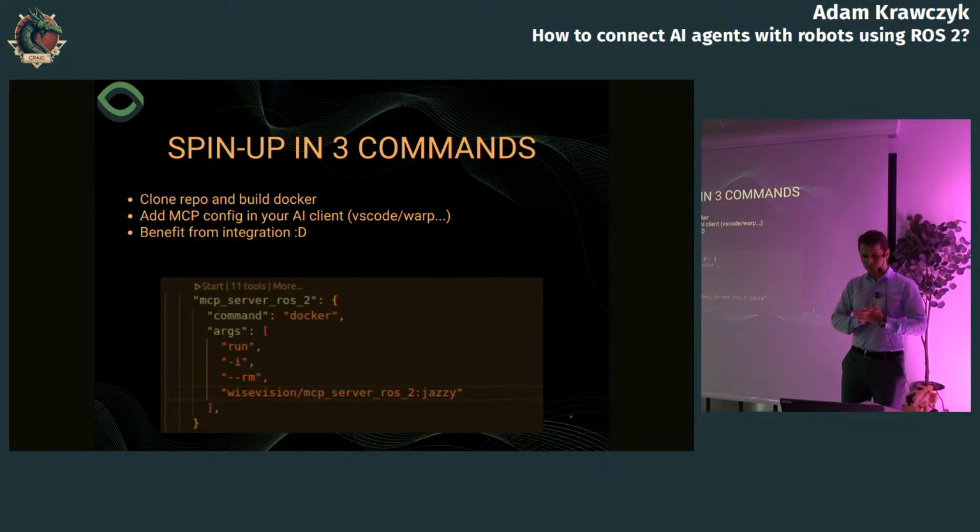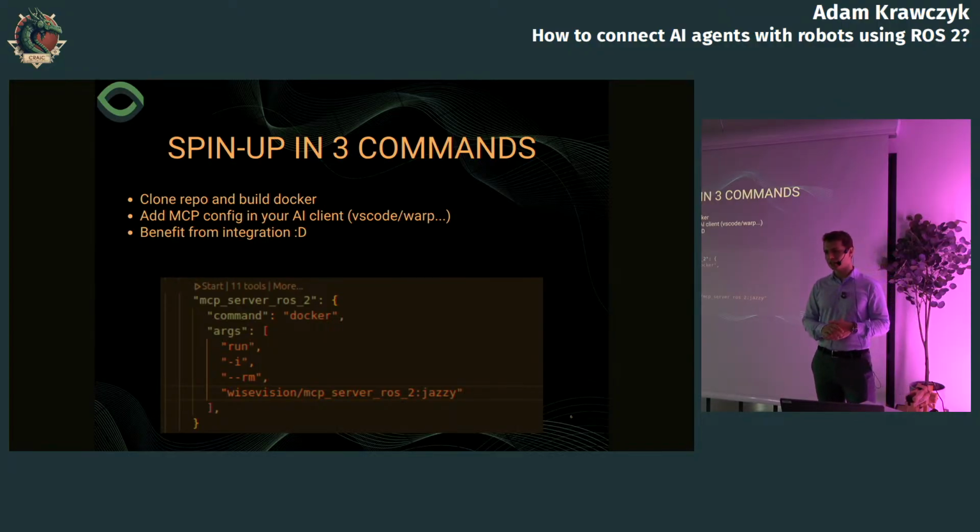And we're going to spin up. It's super easy to start working with this. There are currently around 10,000 MCP servers available online for different purposes, for connecting agents to Canva, to PowerPoint, etc. And this is the configuration.